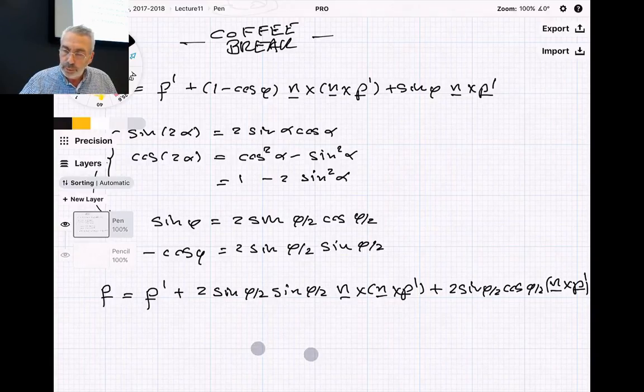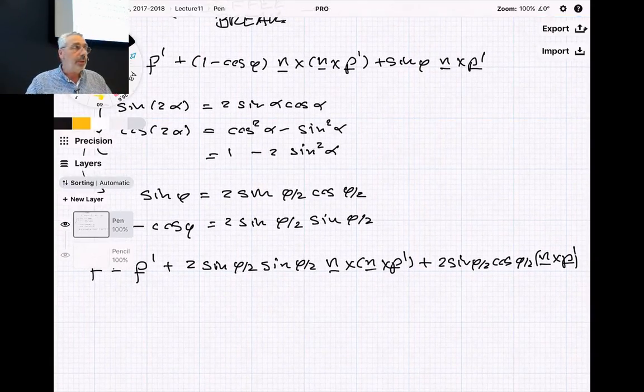Now comes really the genius of Euler. He looks at this equation and he says, well, I'm going to combine the n with sine phi over 2. Because here I have n and again n, so 2 times the product of n, and I have 2 times the sine phi over 2.